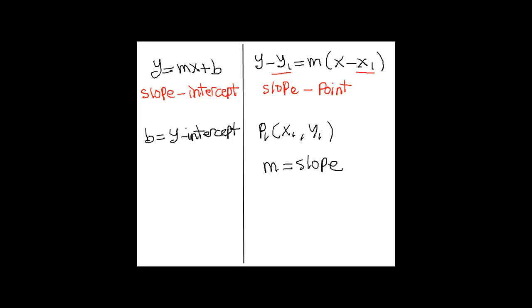So these are the two formulas that you should remember every time we talk about the general equation of the straight line. Slope-point is easier to use when we have at least one point and the slope. You can also use it if you know 2 points and no slope, because if I know 2 points, I can find the slope using the formula of the slope.